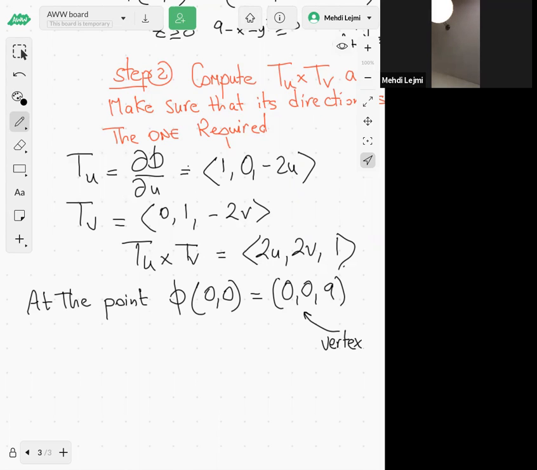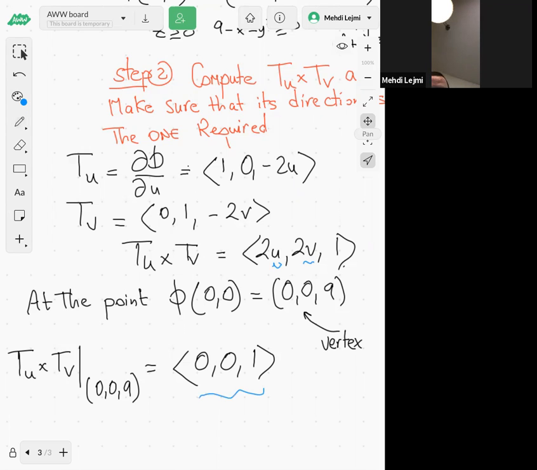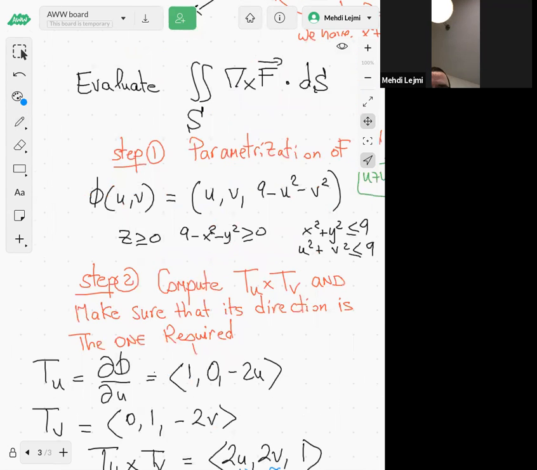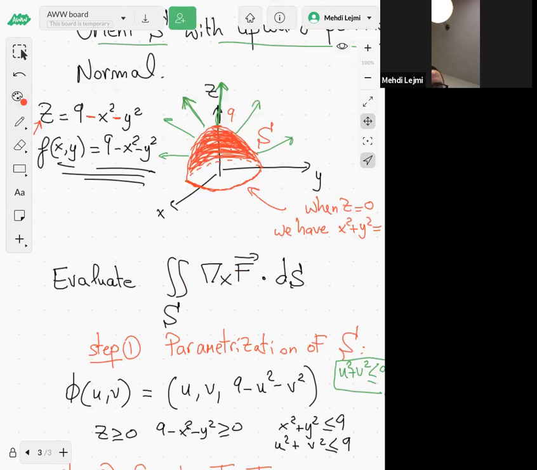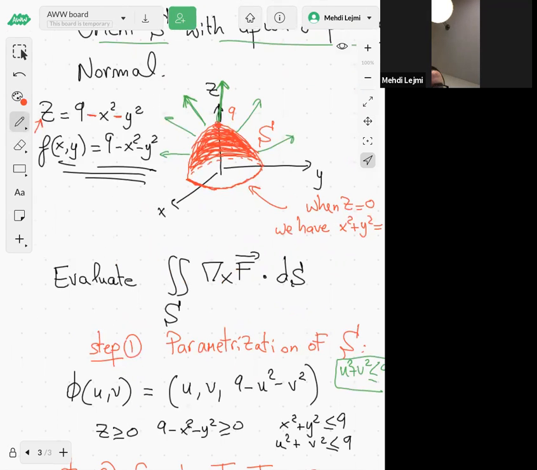All right. In that case, this normal vector at that point, so u is 0, v is 0, would be the vector (0, 0, 1), because you see here u is 0 and v is 0. And the vector (0, 0, 1) is at the point (0, 0, 9). So again, here's my point (0, 0, 9), and the normal vector at that point would be the vector (0, 0, 1).